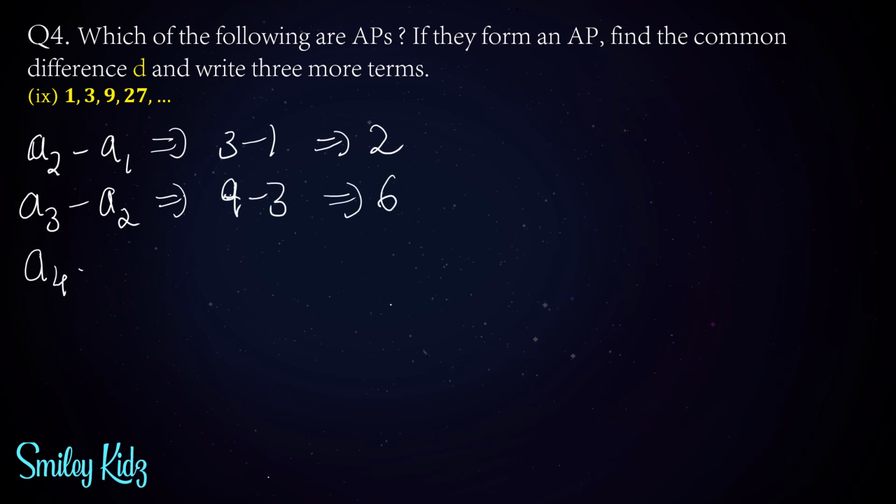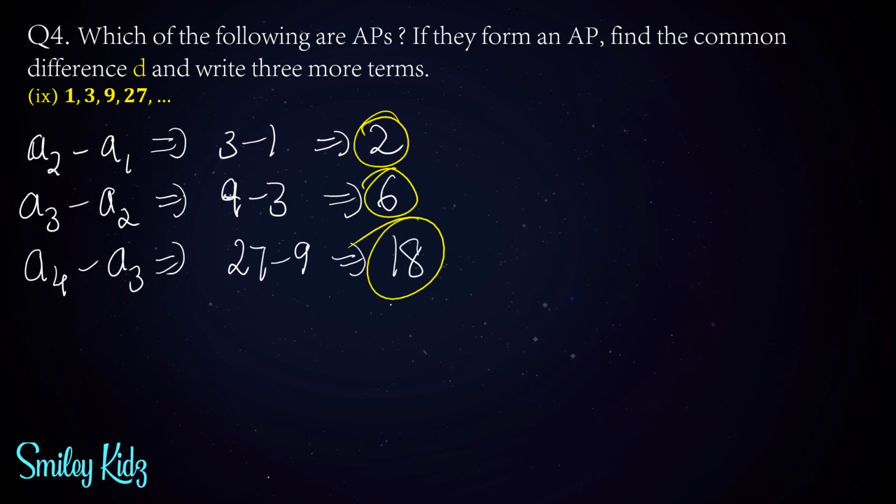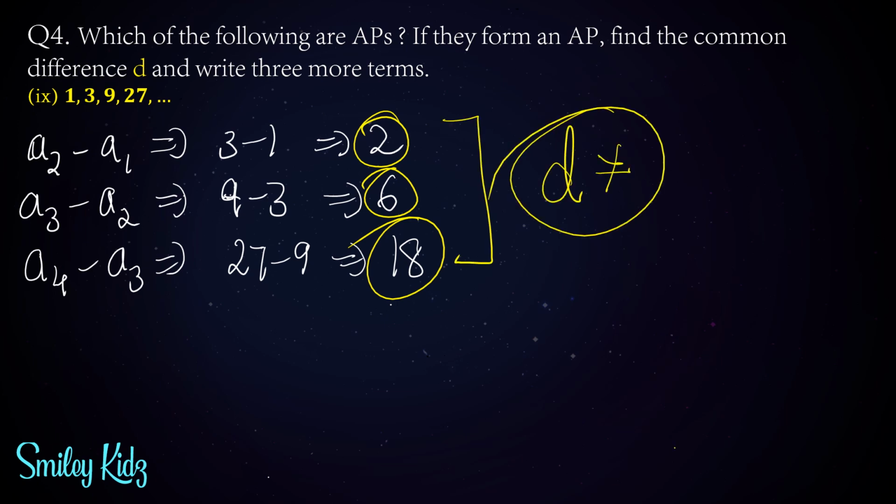Alright. Then A4 minus A3, 27 minus 9, which is 18. Have a look at the common difference. Are they same? They are not same. The common difference is not same. Hence, the given sequence is not an AP.